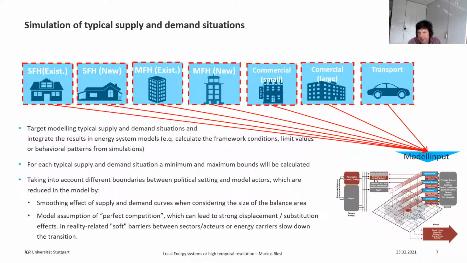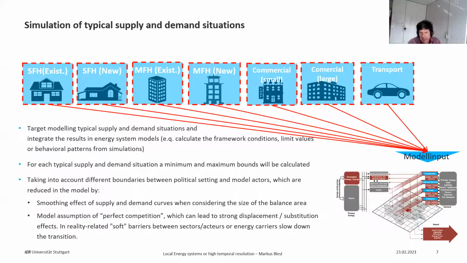This means that we don't explicitly model the regions anymore. We are focusing more on the simulation of typical supply and demand situations to take into account prosumer behavior.